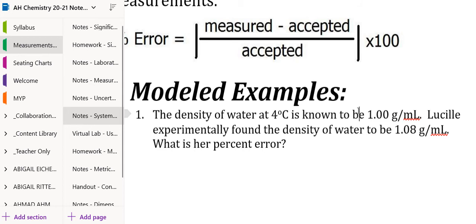So let's find percent error. What is the accepted value for the density of water in this problem? Good. 1 gram per milliliter is the accepted value. And then what about the measured value? 1.08 grams per milliliter. Good. So we're going to find measured minus accepted.